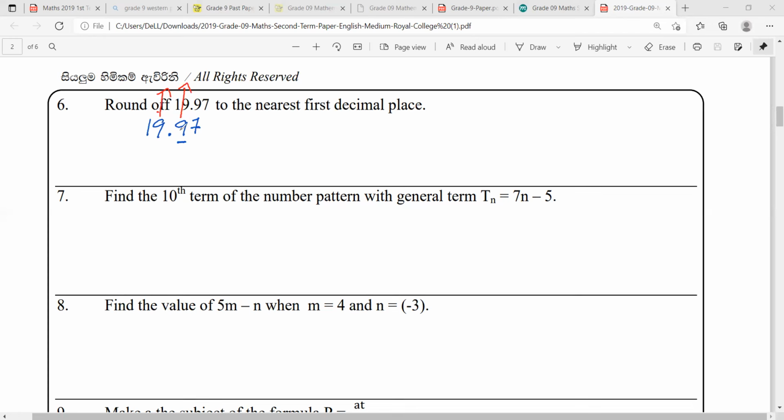Actually, when this goes 0, this has to go 0, and this 19 should be 20. So you get the answer 20. This is the answer. So let's go to the next one.